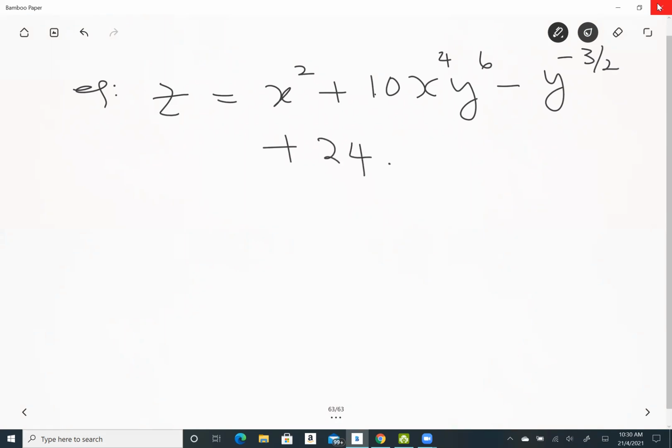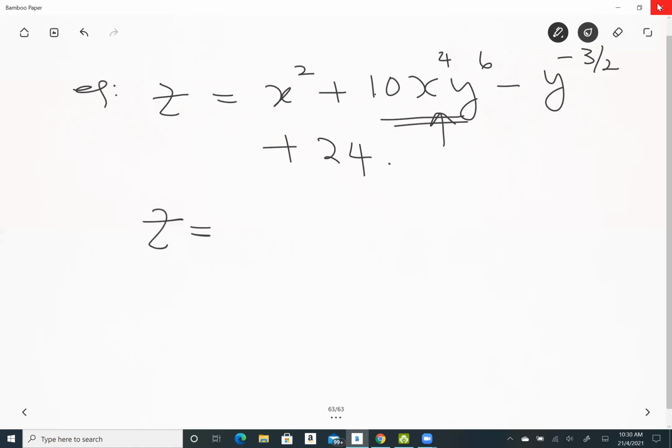Now here I have multiplicative terms. All right, so before we do that example, I'll give you a simpler example for multiplicative.